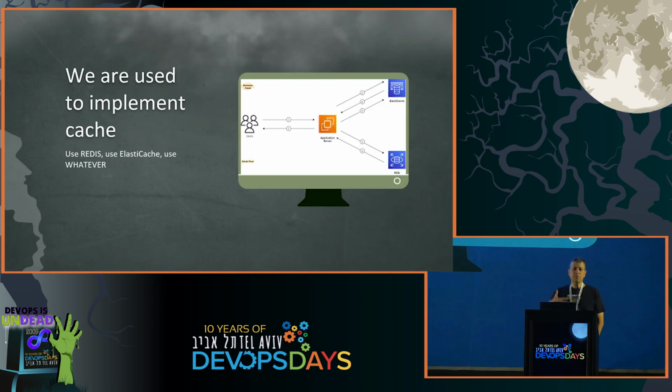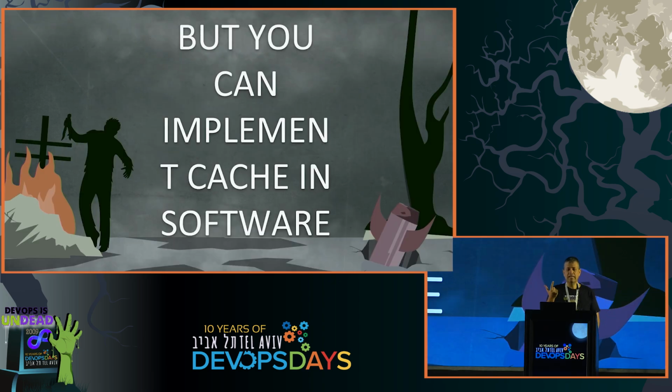But when we want to implement cache, most of our first go-to solutions are Redis or ElastiCache or whatever database there is, which is great, and in most cases it's quite a suitable solution. But it's very important to remember that we can implement cache in the software layer.